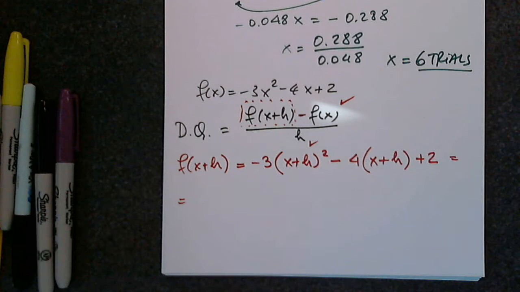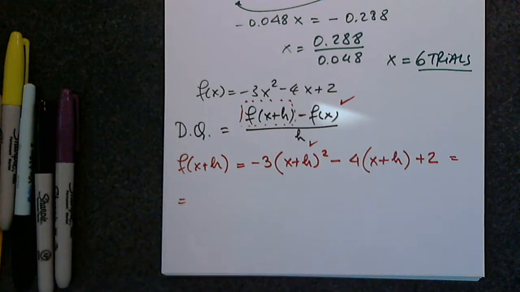We are given the function, and we are asked to find the corresponding difference quotient for the given function. So f of x plus h will not be given to us. We have to find it. So almost always we'll be given f of x, and we're asked to find the difference quotient for f of x, and we will have to calculate f of x plus h. Right.